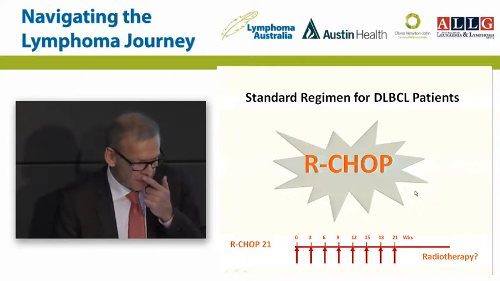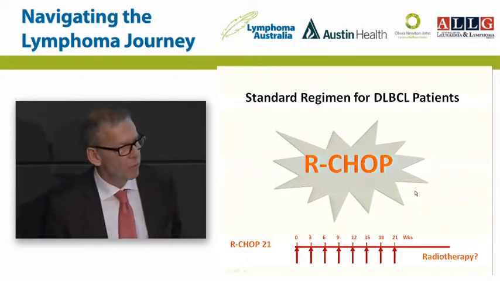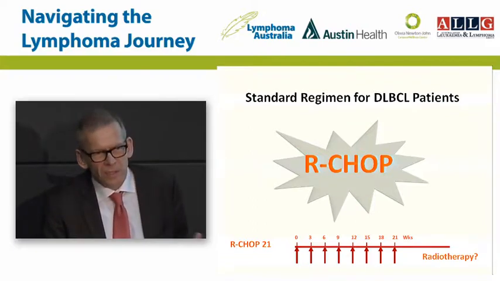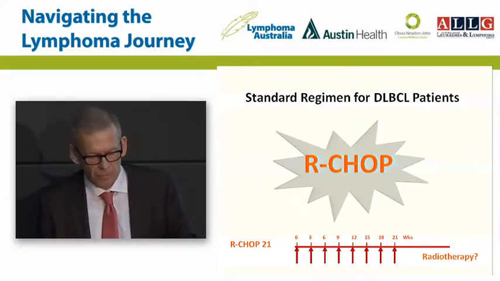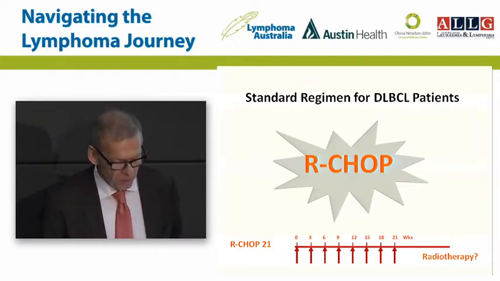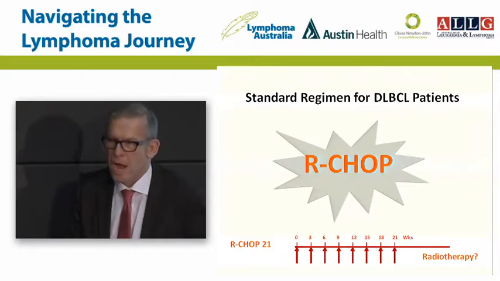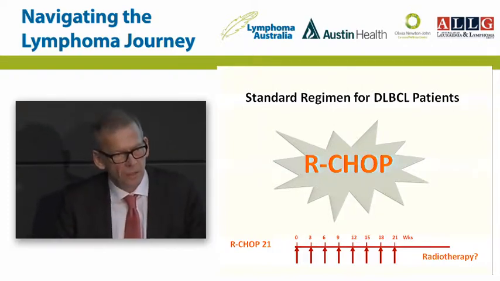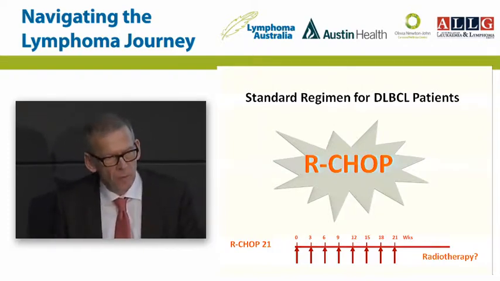So the treatment of non-Hodgkin lymphoma, we're not talking about the very aggressive ones, is rather easy for you to remember because that's one magic regimen, and that's called R-CHOP. R stands for Rituximab and CHOP are the different drugs that are being given in there.